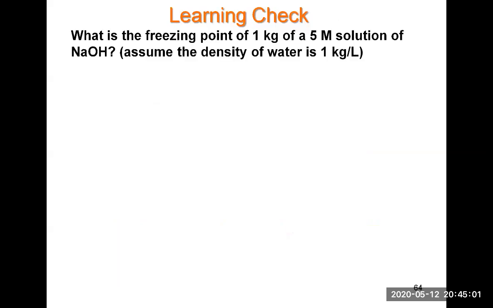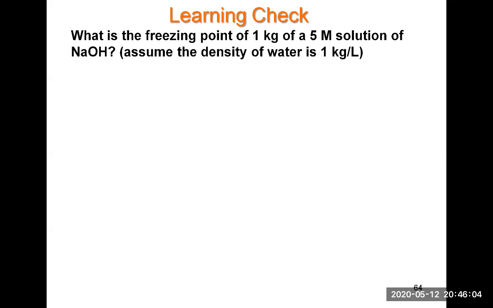So let's go through this learning check to see how we can apply this knowledge. What is the freezing point of 1 kilogram of a 5 molar solution of NaOH? Assume that the density of water is 1 kilogram per liter. So we have this solution made of 1 kilogram of 5 molar solution of NaOH.